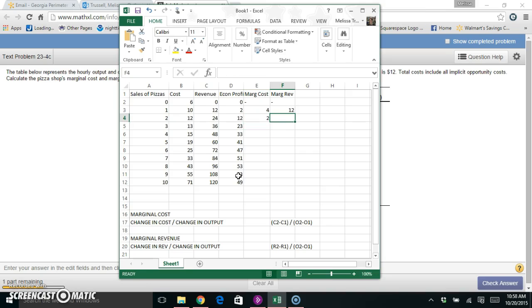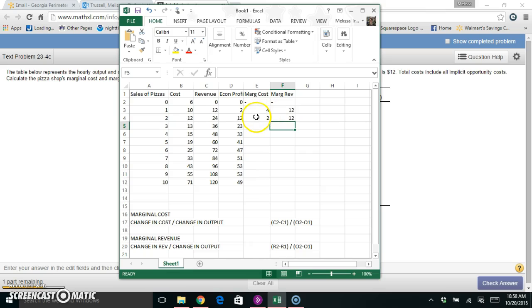And for revenue, similarly, we go from $12 to $24, so the top of our fraction is 24 minus 12. And our bottom, again, we're going from 1 pizza to 2 pizzas, so it's 2 minus 1.